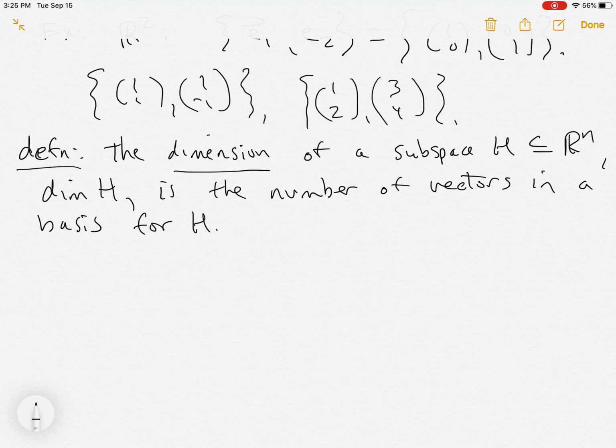And so while I just said a second ago that bases aren't unique, they all have the same cardinality. In other words, every basis has the same number of vectors.